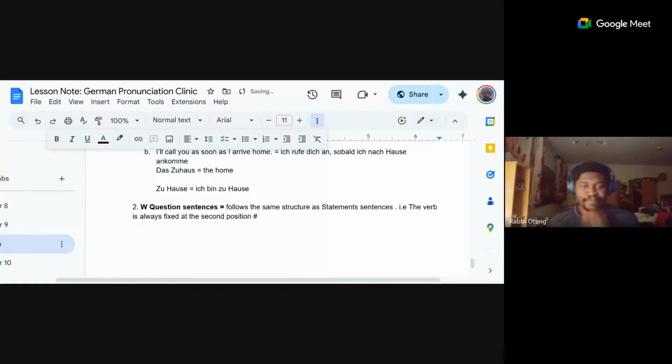So with statements there is flexibility, you can sometimes start with an adjective or the direct object. With W questions the only difference is that there isn't that flexibility. It's fixed. What comes first is the W question.